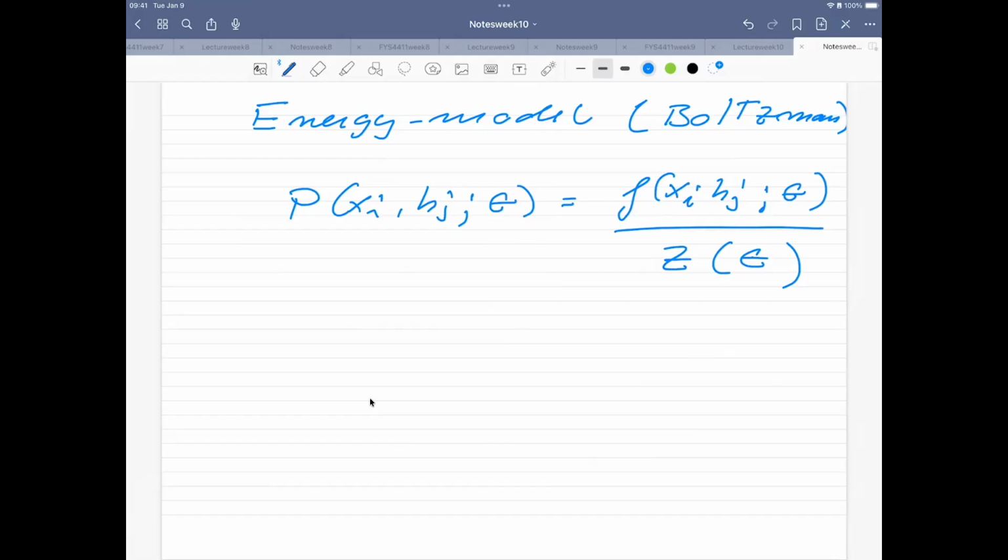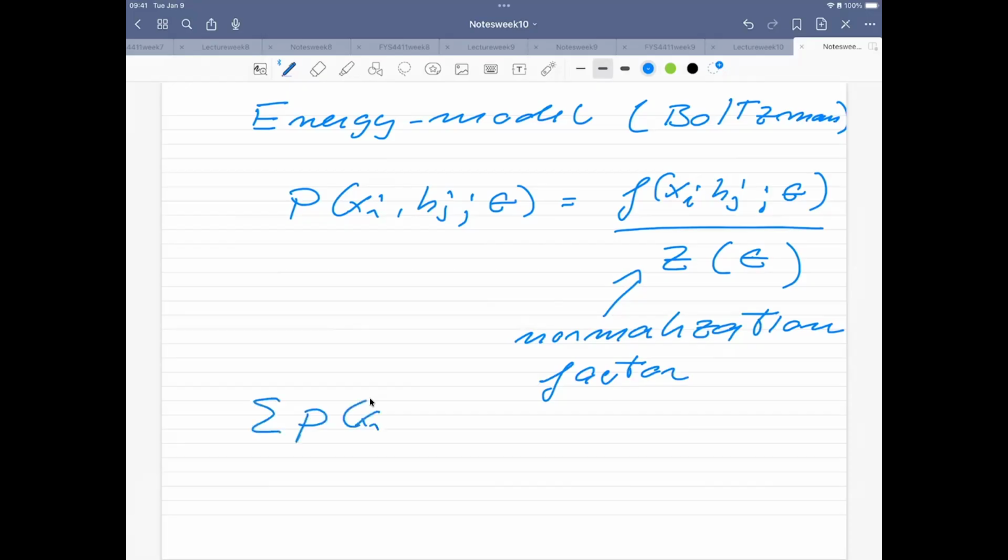But it is nothing but a normalization factor, and a better name is actually normalization factor, because we normalize the probabilities so that the sum of all the probabilities is equal to 1. So if I sum over x i and h j of P of x i, h j as a function of theta, this is normalized to 1.